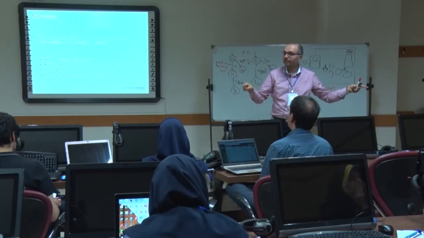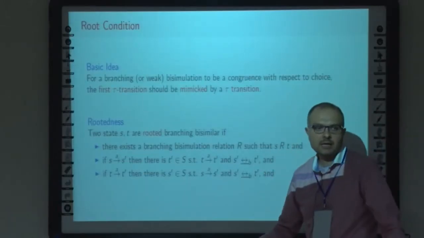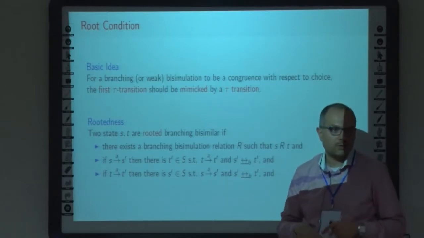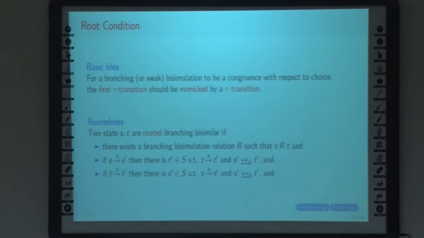It cannot stay. If that is satisfied, then the rest remains the same, and then this rooted branching bisimulation is a congruence for the operators that you have seen today, right? So the only modification is that the first transition should be exactly mimicked as in a strong bisimulation. The rest can be mimicked using the rules of rooted or weak bisimulation.